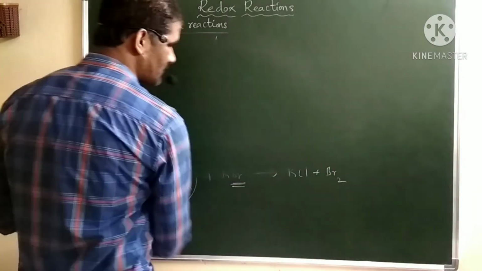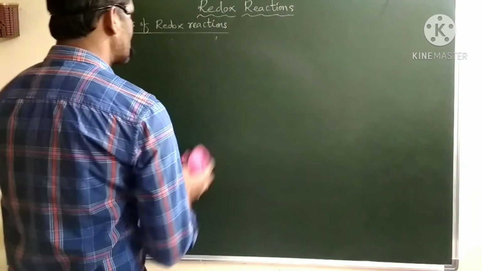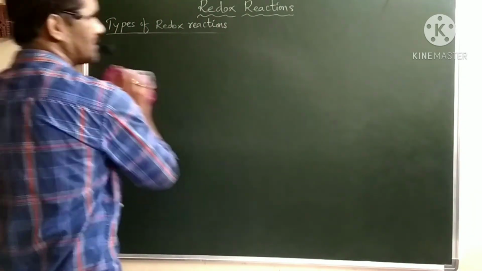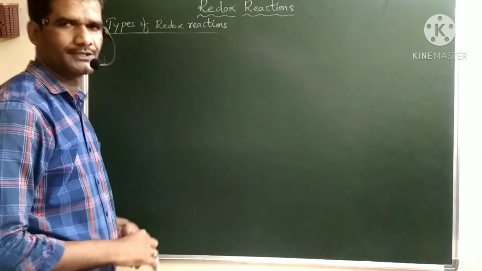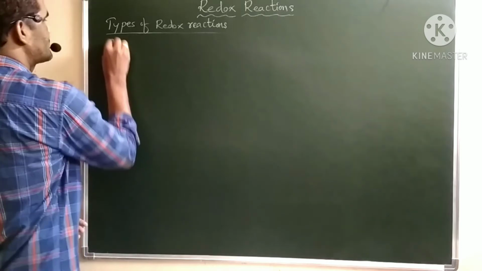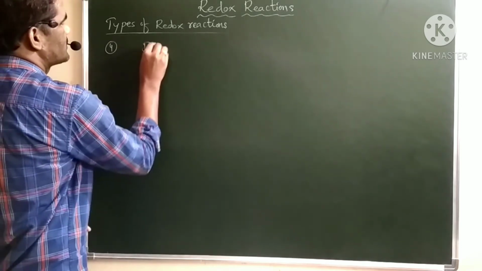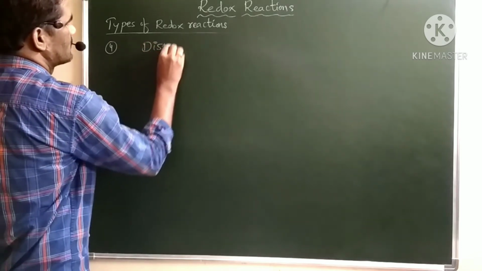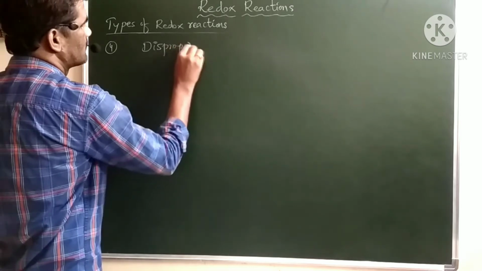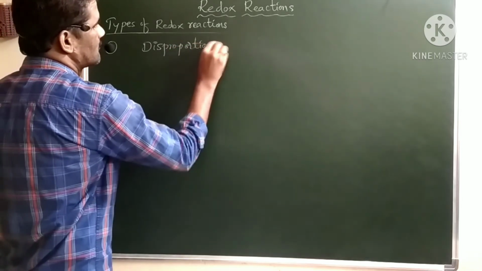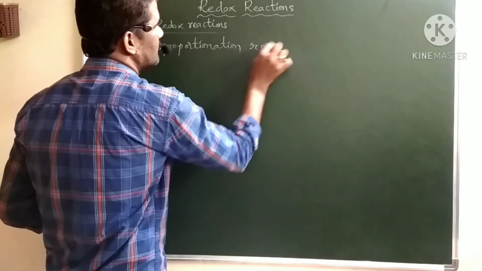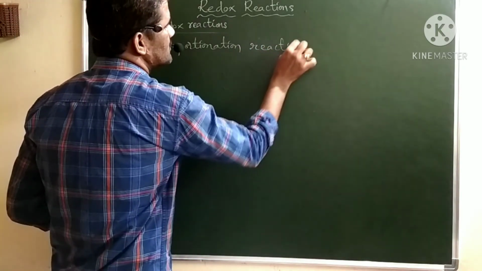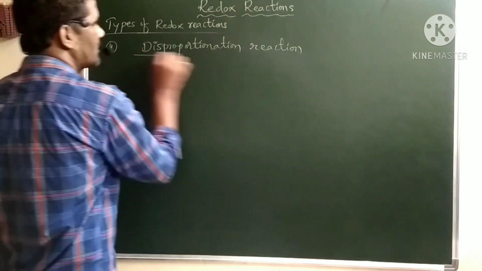And the fourth type of redox reaction is disproportionation reaction. This is a very important reaction among all types of redox reactions. The fourth one is disproportionation reaction. It is a special type of redox reaction.